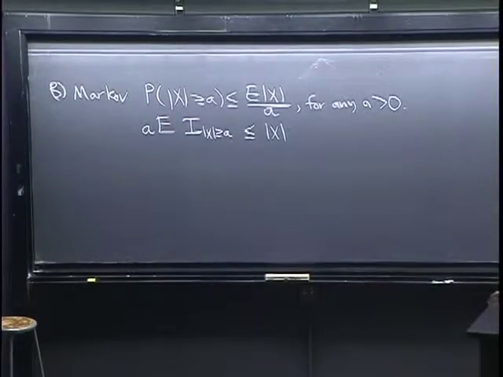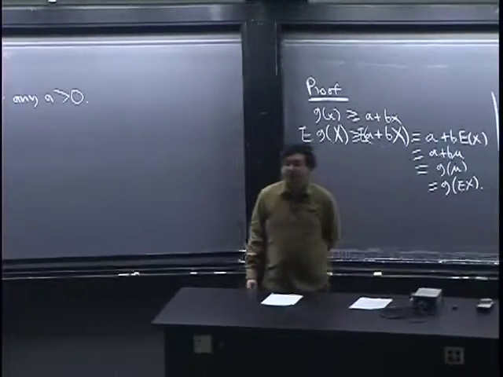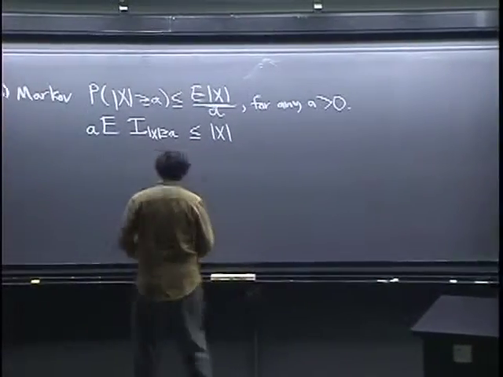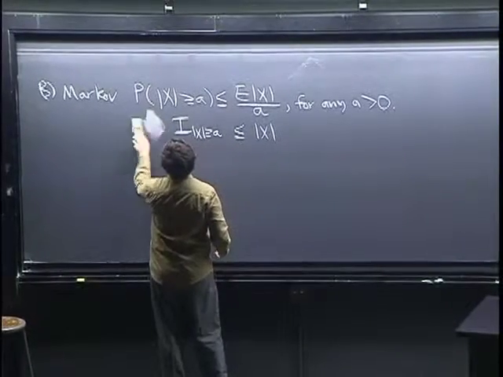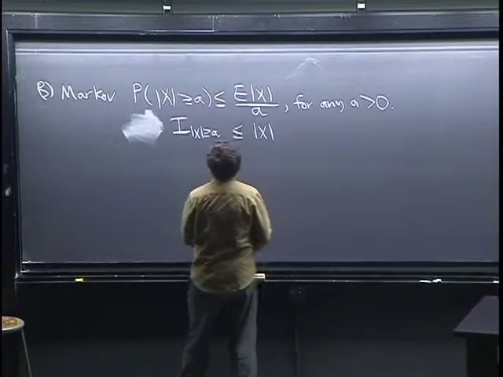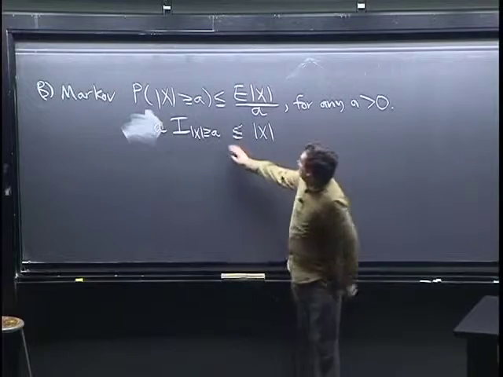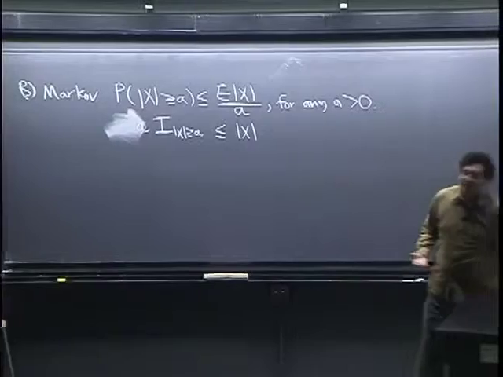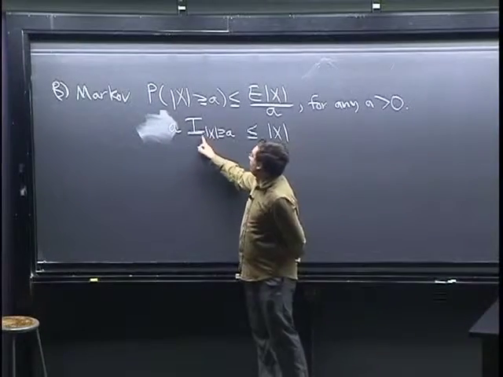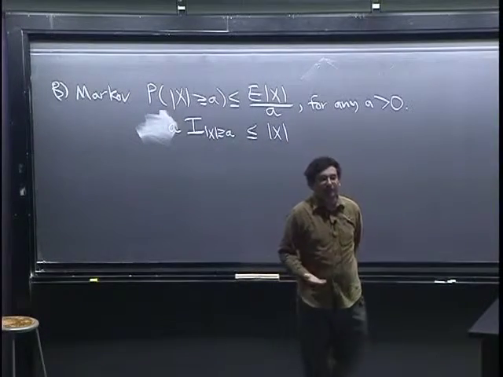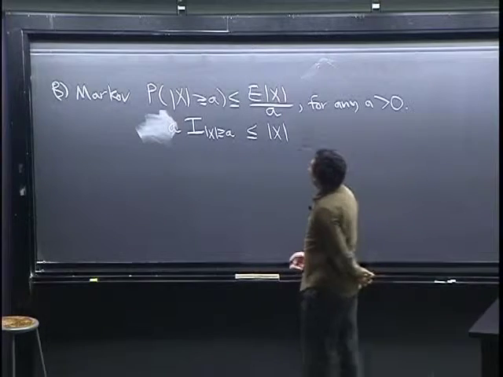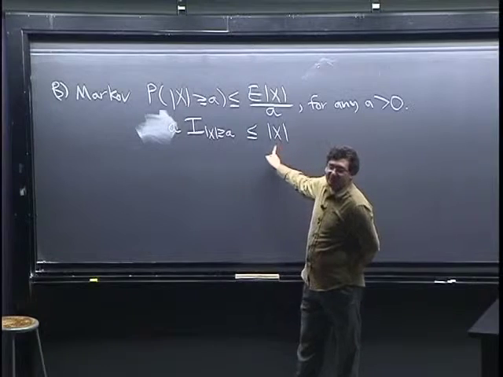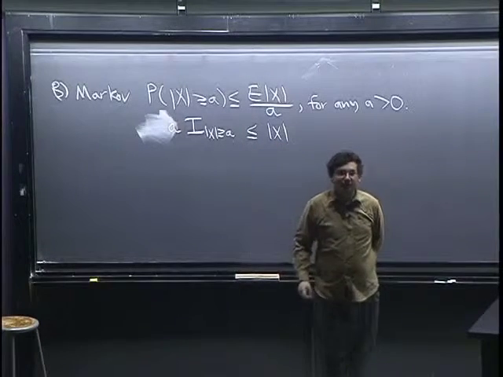This inequality is always true. Let's just think why. I shouldn't do this with expectation first, then we'll bring in the expectation. I say that this inequality is always true because there are only two cases to consider. Anytime you have an indicator random variable, either it's 0 or it's 1. If it's 0, that just says 0 is less than or equal to absolute value of X, so of course that's true. That's one case.